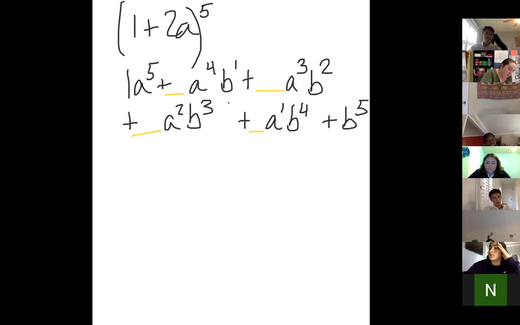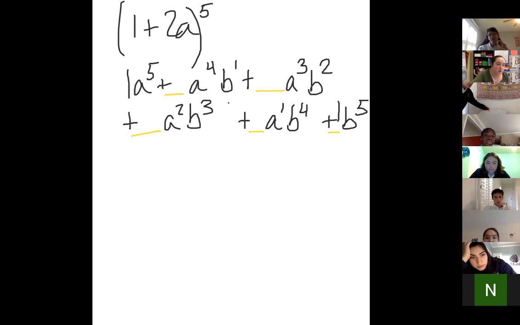We can do that by using combinations, or since this is a small number, we can use Pascal's triangle. Would you like to use Pascal's triangle? I guess. In this case, if I were taking a test, I would use Pascal's triangle for a complete expansion because it goes faster.